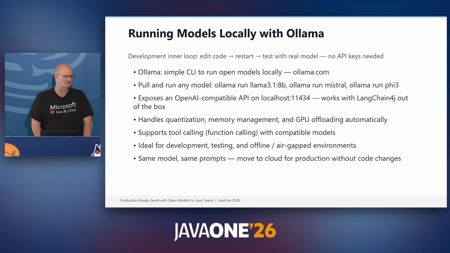That's really compatible with LangChain4j as well. So you can run these locally out of the box with LangChain4j. It handles all the things you want to do for controlling your performance, quantization, memory management, GPU, et cetera. It supports tool calling, but not MCP tool calling, just the LangChain4j tools, and it's ideal for development and test.